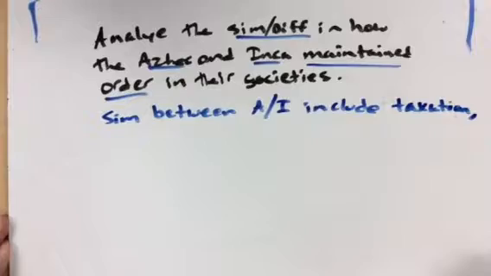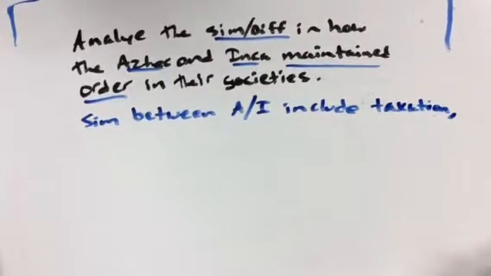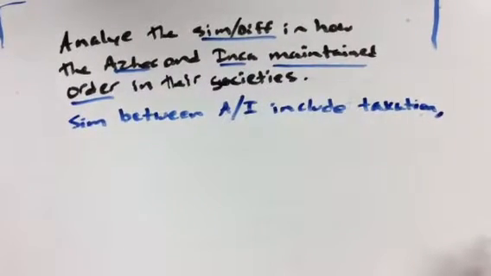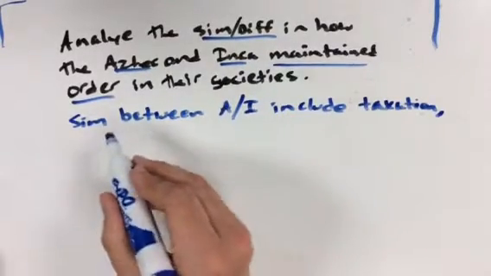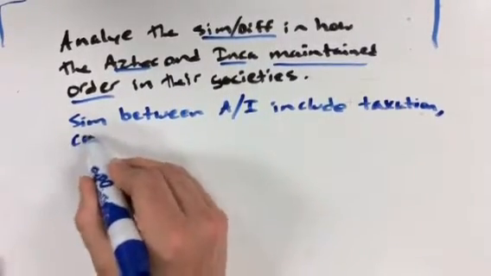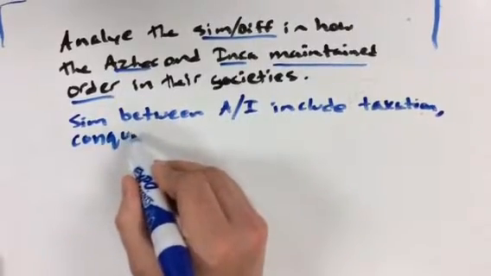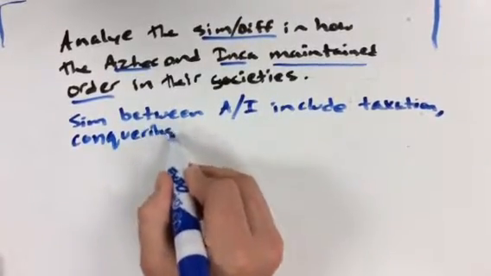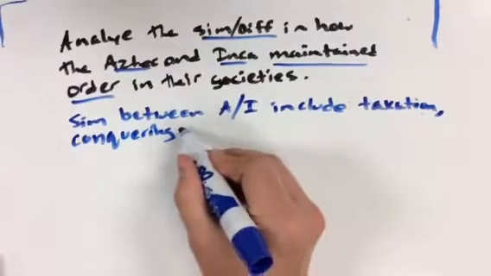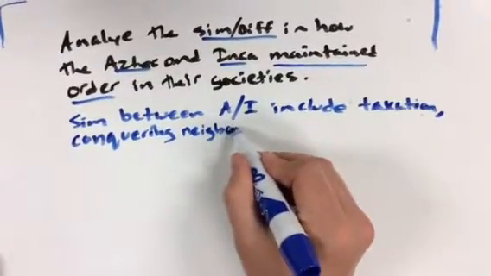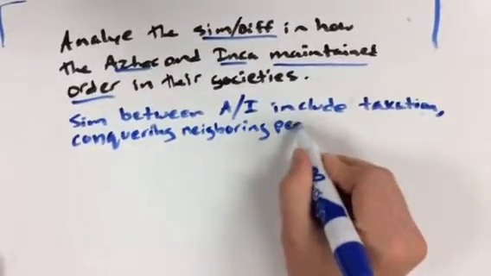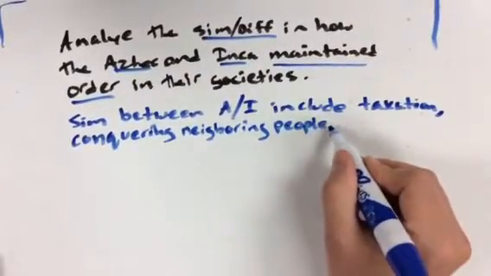I'm kind of going off the board here. Taxation. Keep that on there. Taxation, conquering neighboring people. What else?